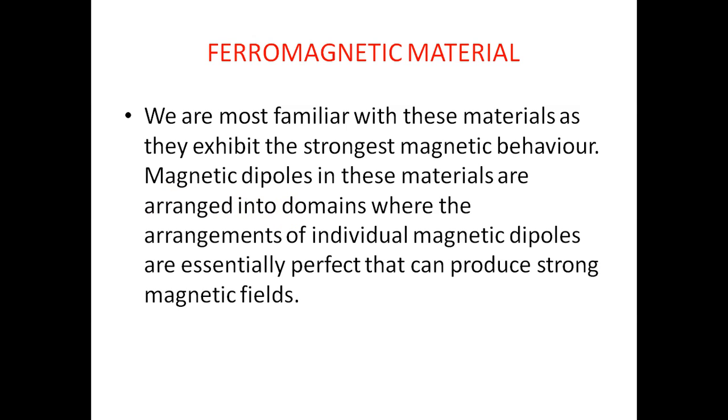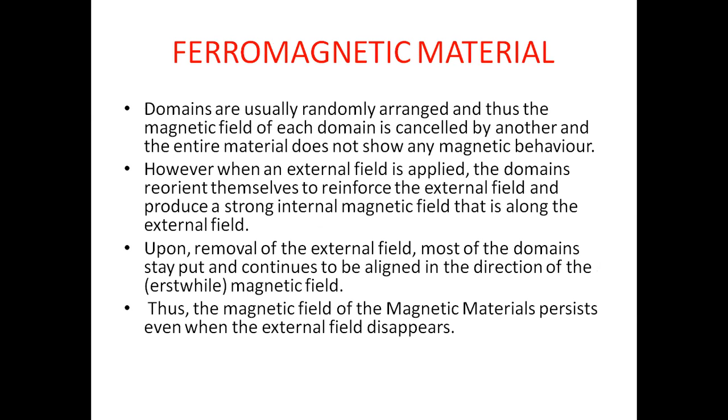Domains are collections of dipole moments of different electrons. So in ferromagnetic material there are domains. Domains mean groups. We can also say groups. All these domains are in a random order in the absence of an external magnetic field.